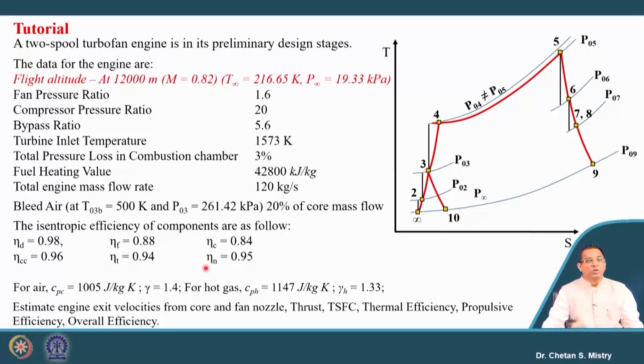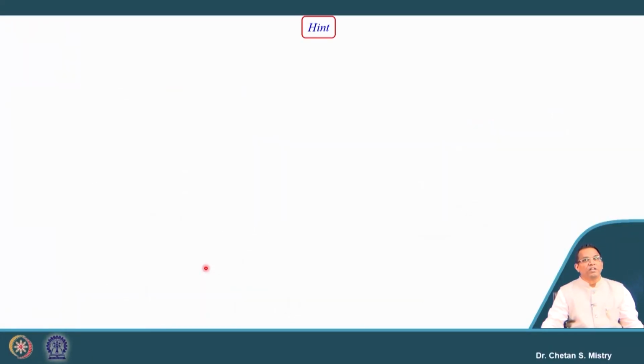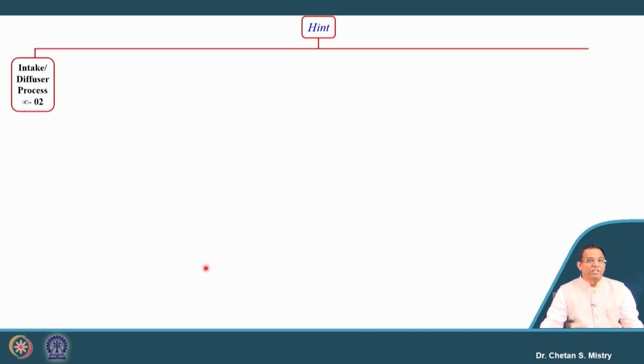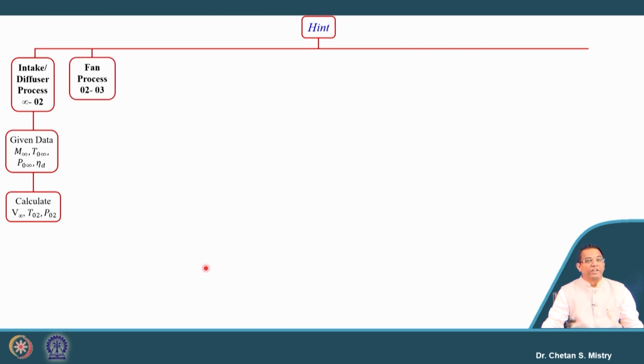Let me give you the hint on how we proceed. The first component we have is our intake. For this intake the diffuser efficiency is given and the flying condition is given, that means temperature and pressure are known to you. So, you can calculate the exit pressure and exit temperature from the diffuser or the intake.